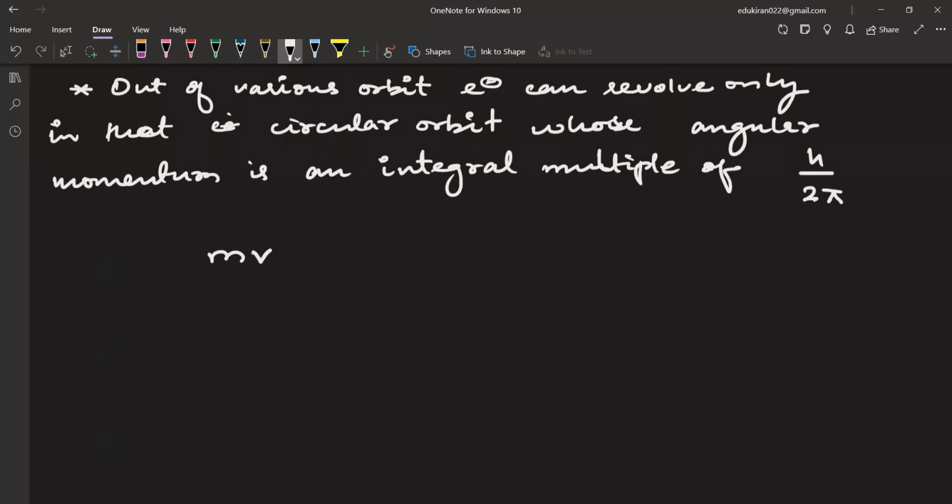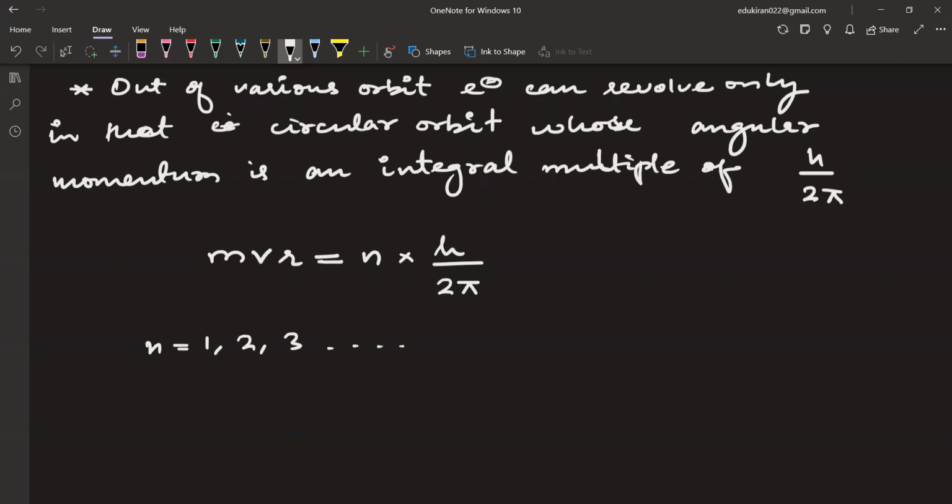So what is momentum? Mass into velocity is momentum. Angular momentum, you just multiply this with r. R is the distance between nucleus and electron. MVR should be equal to an integral multiple, that means n into h upon 2 pi. Here n should be equal to 1, 2, 3, and so on.